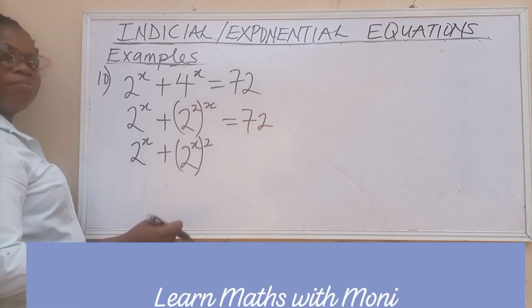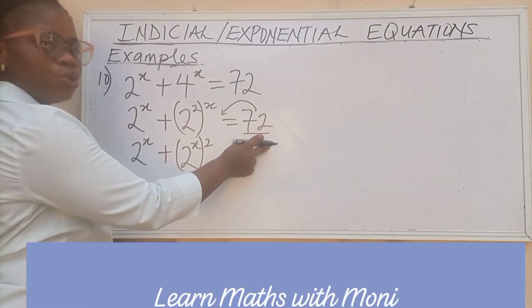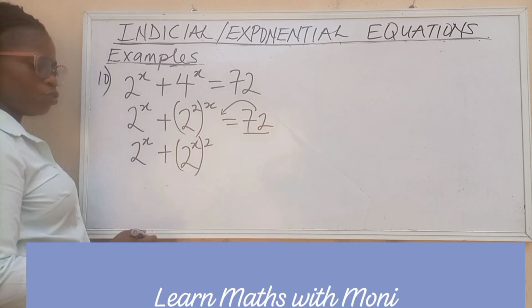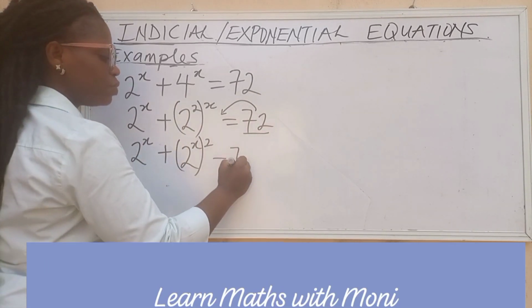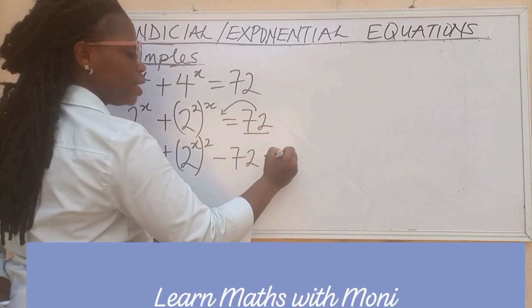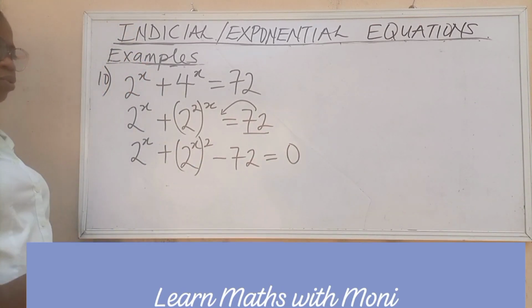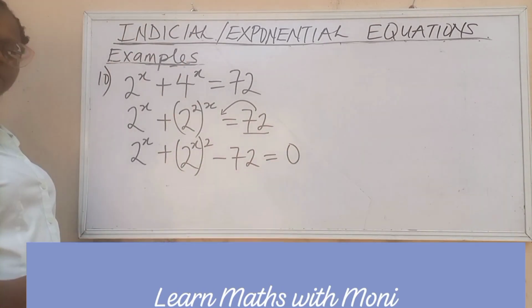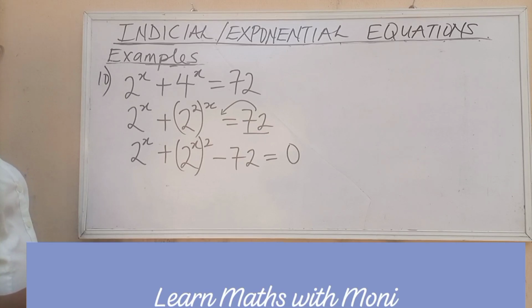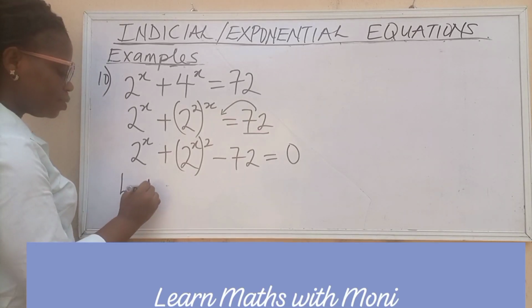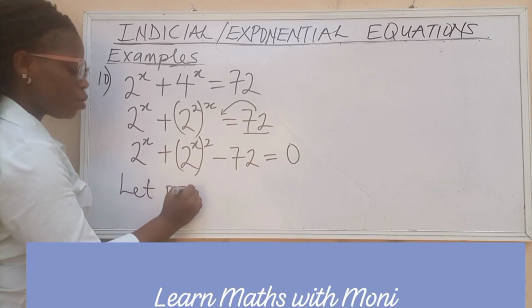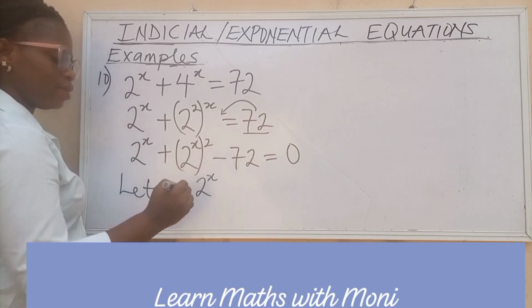I want to bring my plus 72 cross over the equals to, it becomes minus 72. Then it will be equals to 0. There is nothing on my right hand side except 0. So I want to let P be equals to 2 raised to power x.